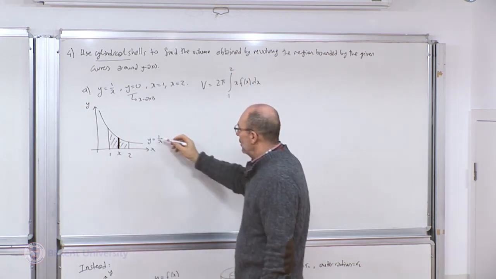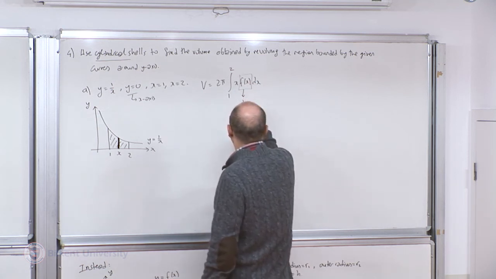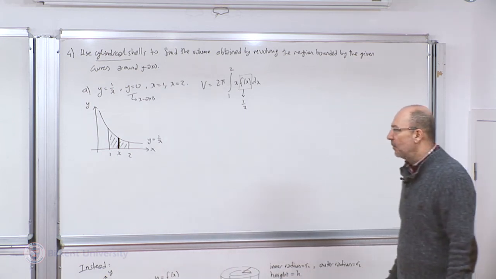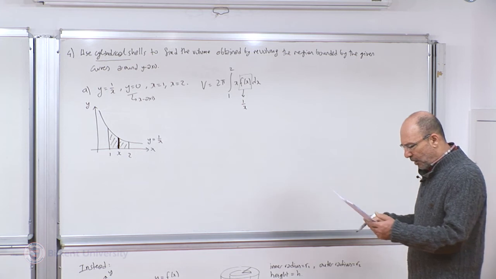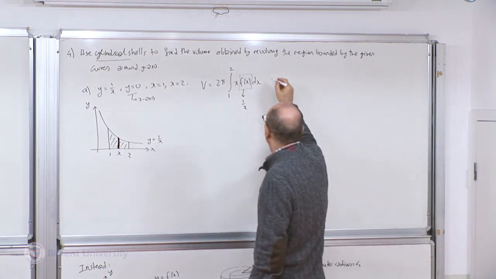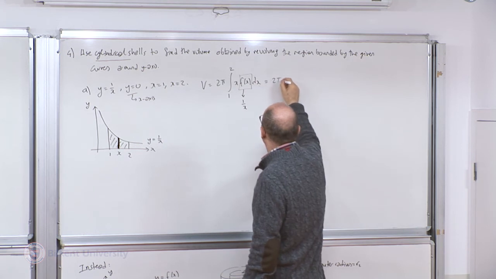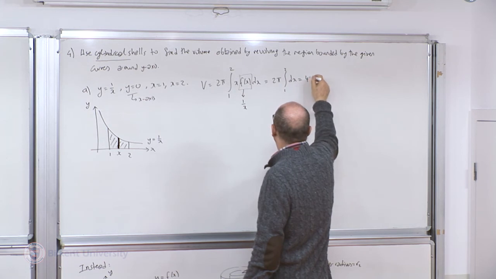And f of x is 1 over x. So in this problem, suddenly everything collapses and we have an easy problem. So this is now 2 pi integral from 1 to 2 of dx, so this is 2 pi.